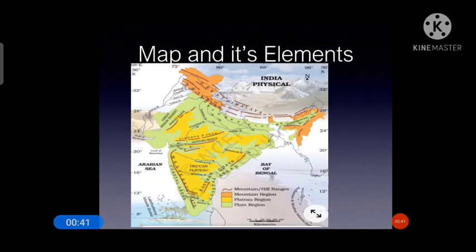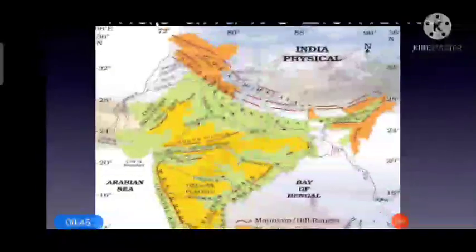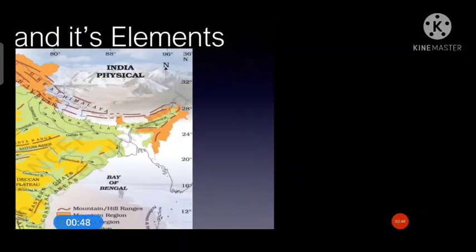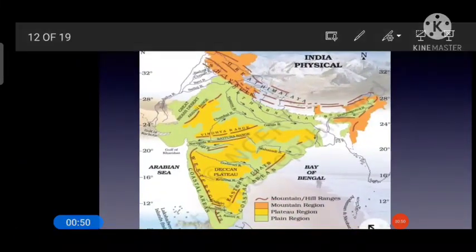Now you see this is the map of India, where we can see the different elements of a map. First, starting with the title of the map: this is the title, India Physical, that is, it is a physical map of India. Secondly, you have a direction. This is the second element of a map, direction is mentioned here with an arrow pointing towards the north.